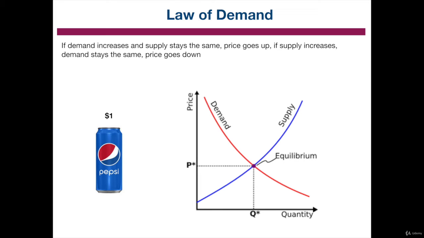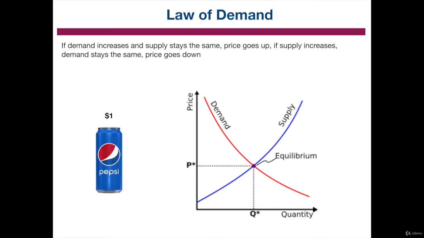In another case, if demand for Pepsi goes down to 0.5 million cans per month and the supply remains the same at 1 million cans, chances are that the price will go down below $1 per can. So this is the law of demand, which indicates the implication of demand on the price of goods.